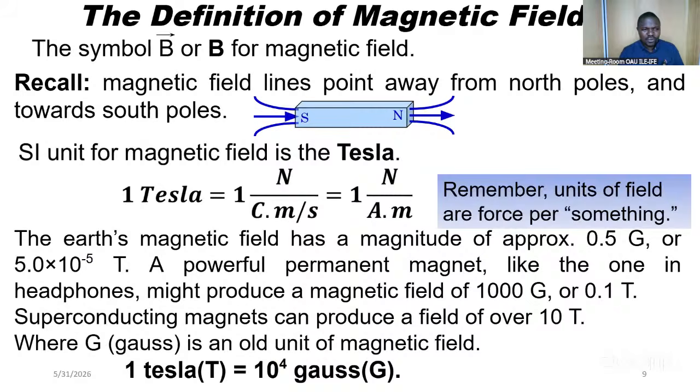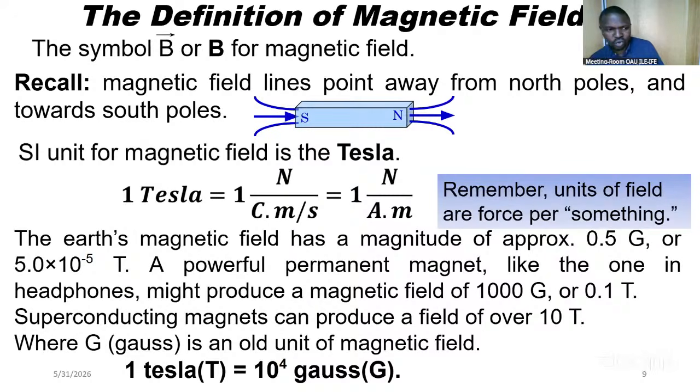When you see the symbol of magnetic field, if I write B and put an arrow on top of it, mind you, I am referring to the fact that it is not a scalar, it is a vector. That is, it has both direction and magnitude, yes or no? And if I write B in bold, make sure you understand that I am also referring to a vector.